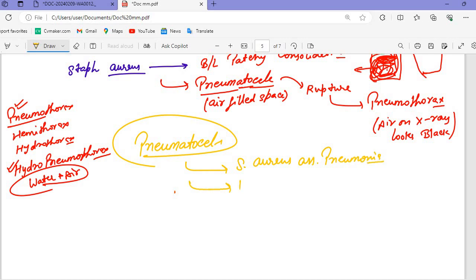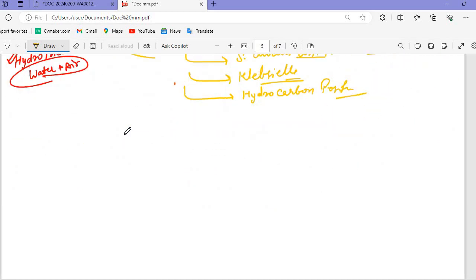There can also be Klebsiella, and hydrocarbon poisonings. In all these conditions we will see pneumatoceles. Okay, I hope this is clear.